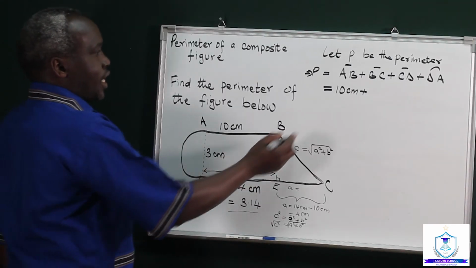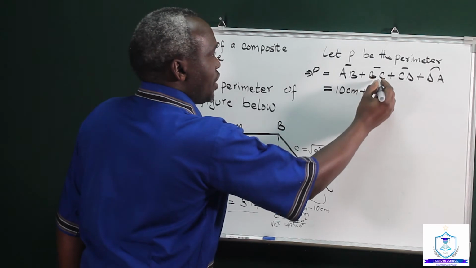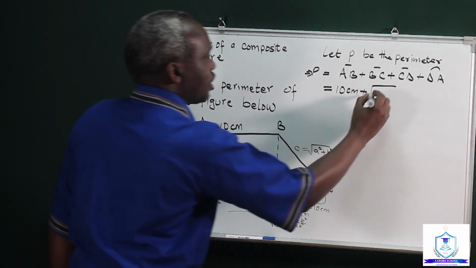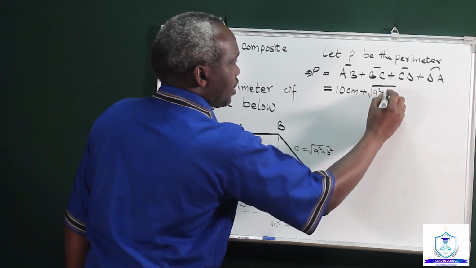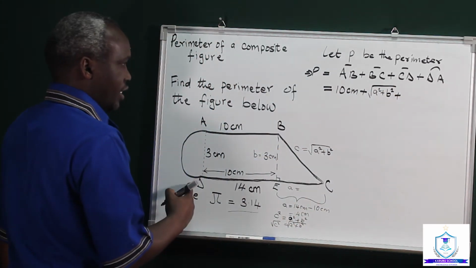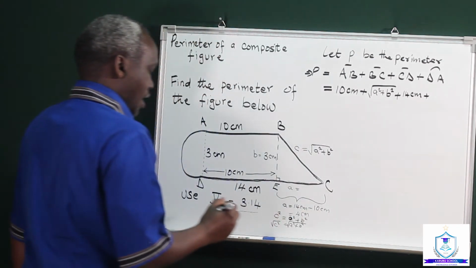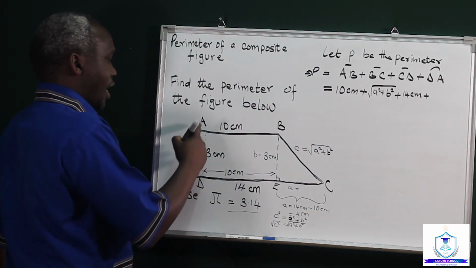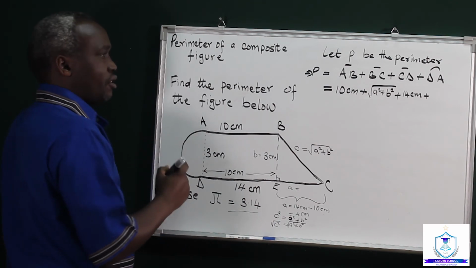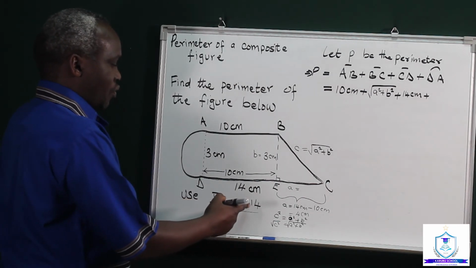So we can substitute that value into our expression, and the distance between B and C would be the square root of A squared plus B squared, plus the distance between point C and D, which is equal to 14 centimeters, plus the distance between point D and A through the curved line, which is obtained by finding the circumference of a semicircle, and we've been given the value of pi as 3.14.